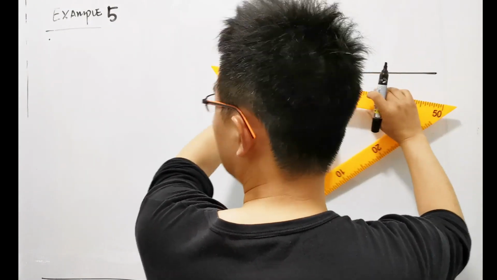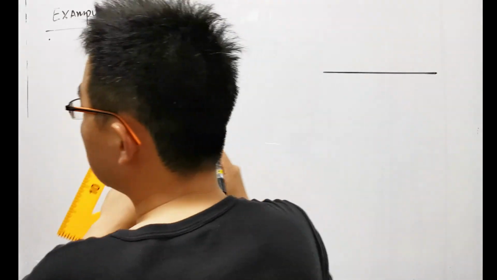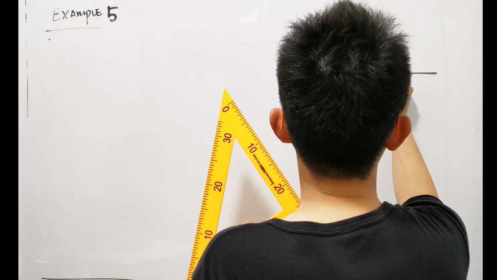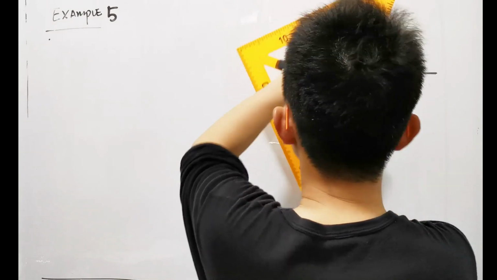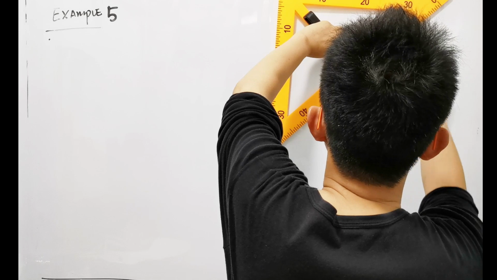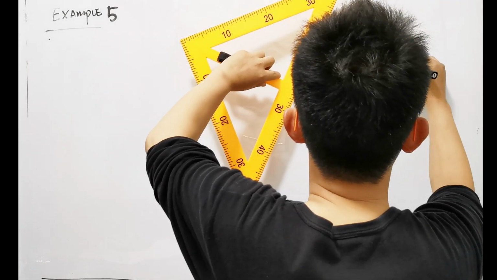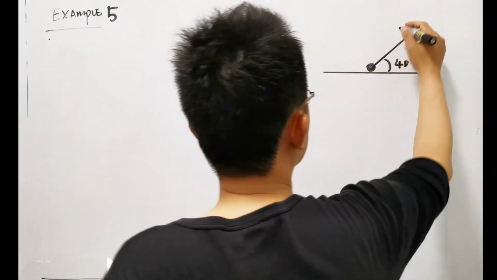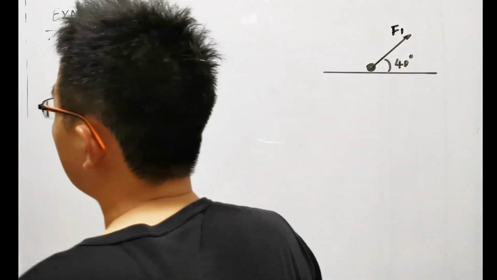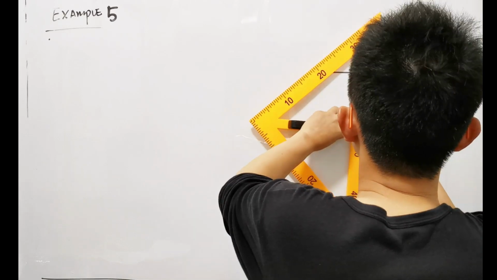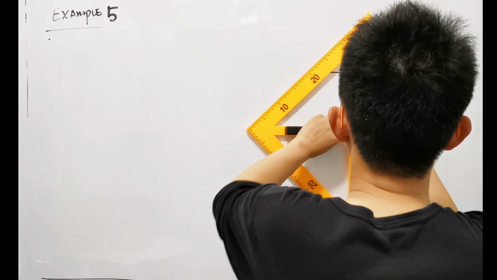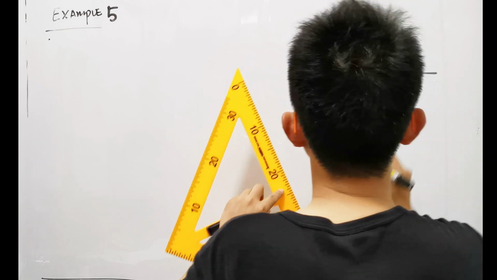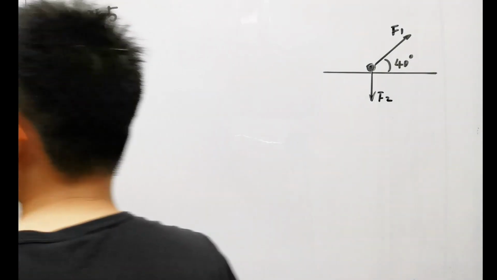Assume this is the ground. So we have two forces both acting on a particle. Let's say this is a ball. One is at about 40 degrees, this is F1, and the other one is F2, downwards, right?